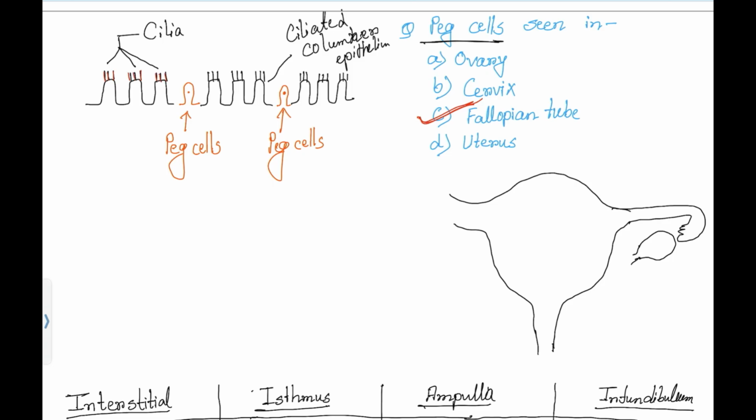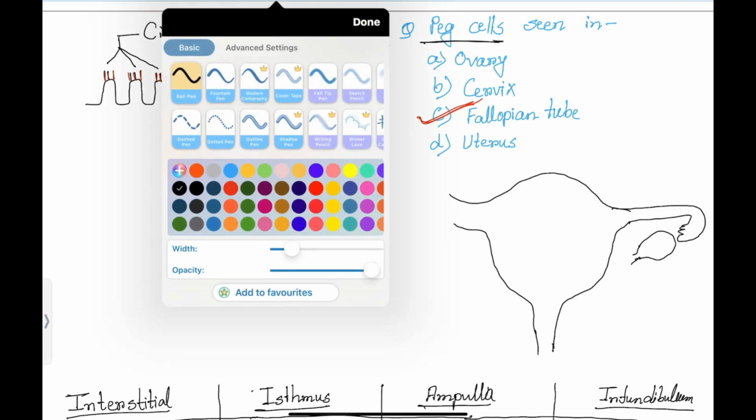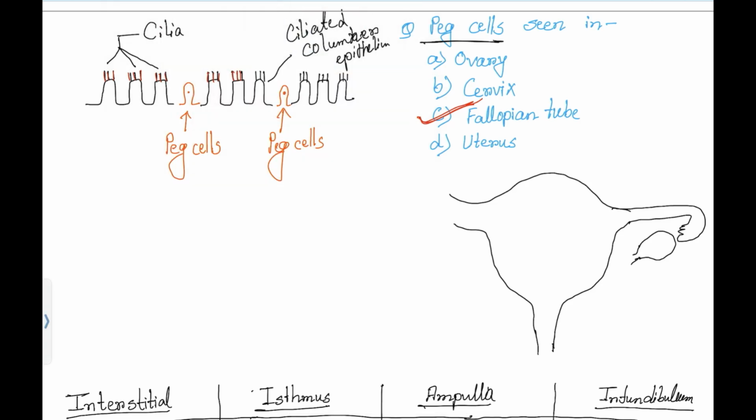So what is the function of this cilia in the fallopian tube? The function of the cilia is that it will push the sperm towards the ova.